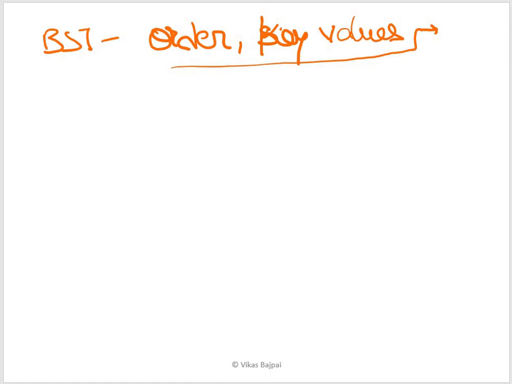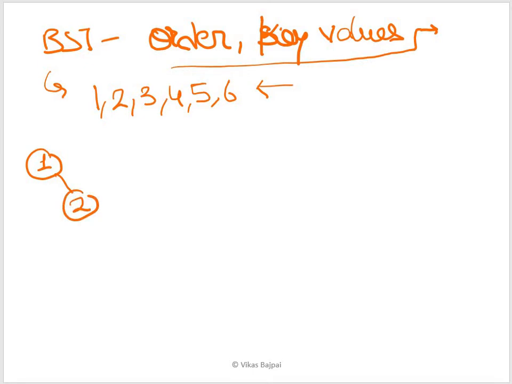So let's say I have a binary search tree with the key values as, let's say, 1, 2, 3, 4, 5, 6. And this is the order of inserting the key values or the node values to the binary search tree. In this particular case, my binary search tree will look like this: 2, and then 3, and then 4, and then 5, and then 6.